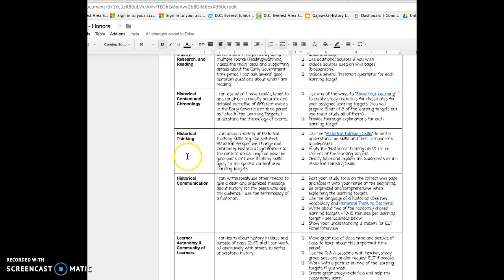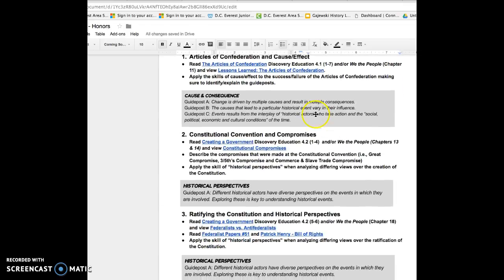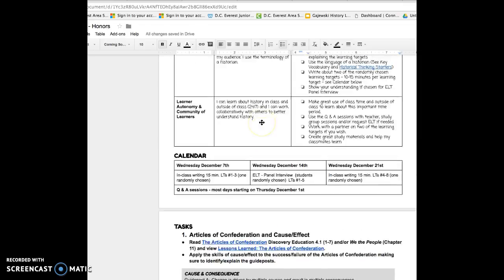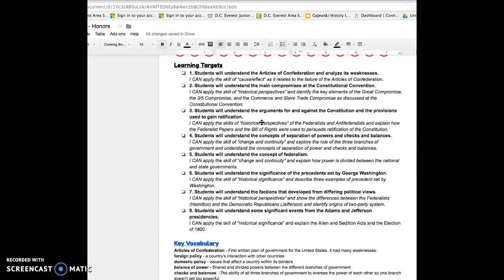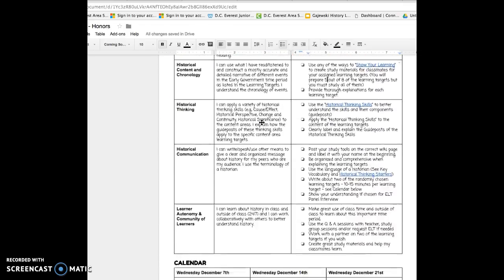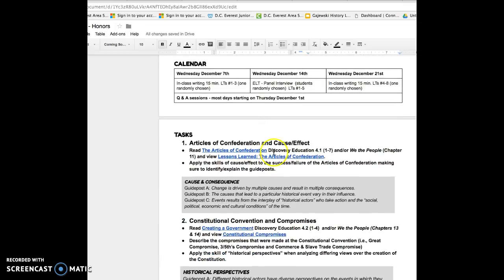All right, historical thinking. This is where we're going to use some of the historical thinking skills, and I'm going to scroll down here. These have to be applied. So in each of the learning targets, which you can find again up here or within here, it always says apply the skill.